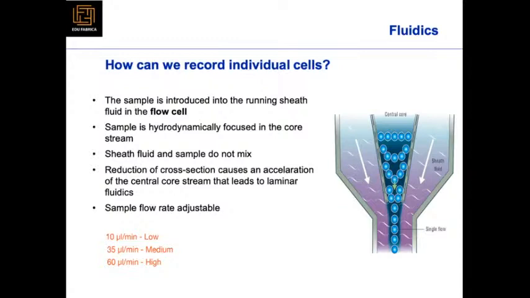Sheath fluid and sample do not mix. Reduction of the cross section causes acceleration of the central core, which leads to laminar flow. The sample flow rate is adjustable. The minimum speed is 10 microliters per minute, medium is 35, and the highest is 60 microliters per minute.